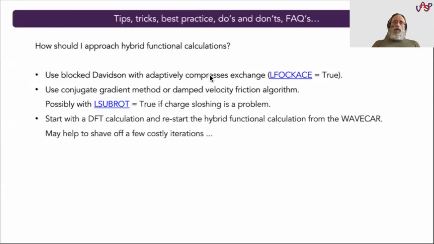So either block Davidson with adaptively compressed exchange or a direct optimization algorithm, possibly in the latter case with LSUBROD = .TRUE. if charge sloshing turns out to be a problem. This is less often the case with hybrid functional calculations because they tend to have a larger gap, so charge sloshing is less of a problem in many cases.